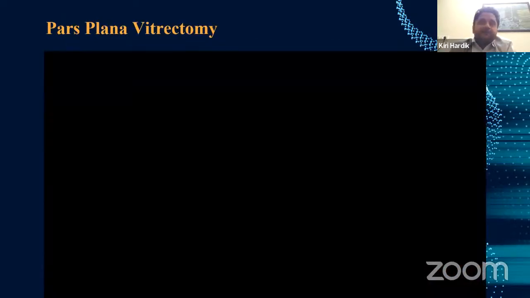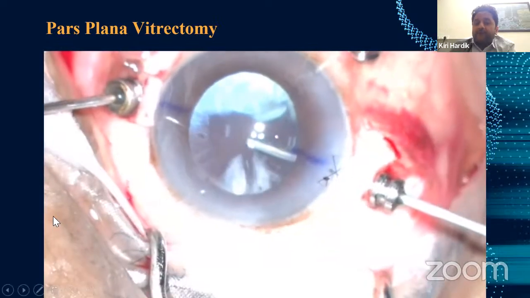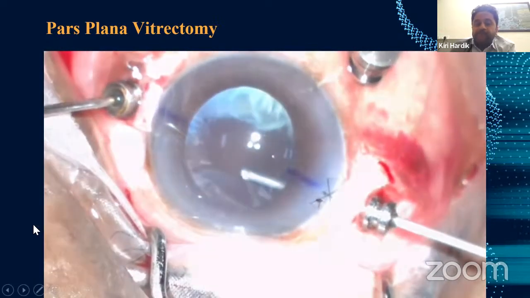Another approach is pars plana vitrectomy. In most of the cases, anterior vitrectomy is sufficient if we are doing it from the side port or from the scleral tunnel. But in some of the cases where the nucleus fragments are shifted more towards the posterior part, or we are not able to remove the cortex or even the nucleus part, a pars plana approach can be done.